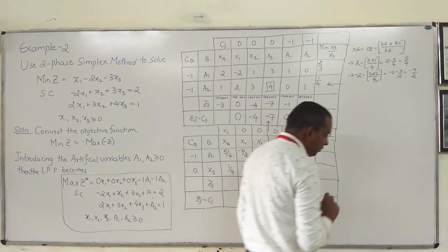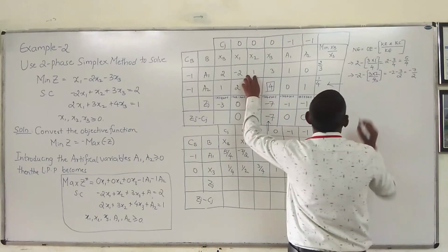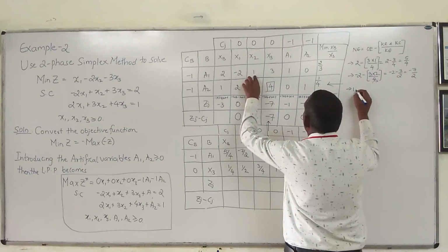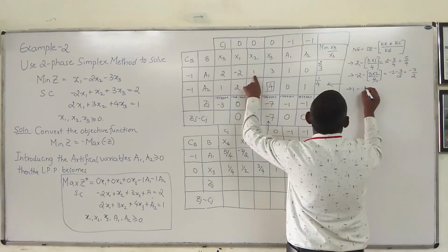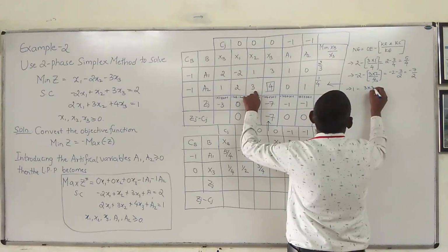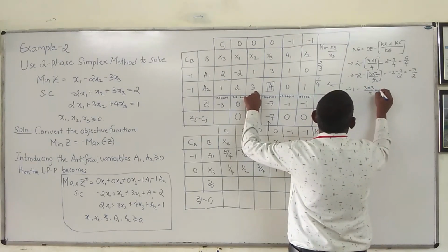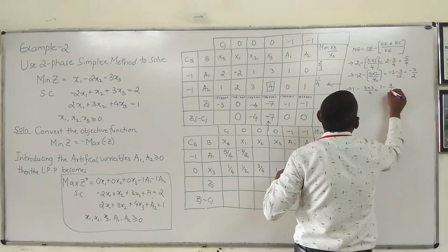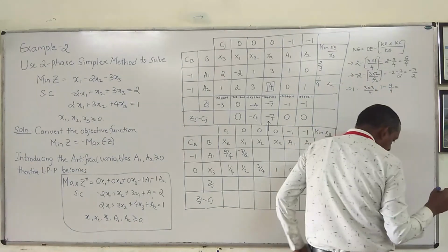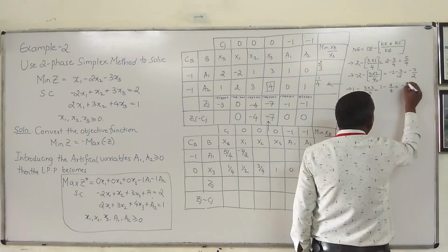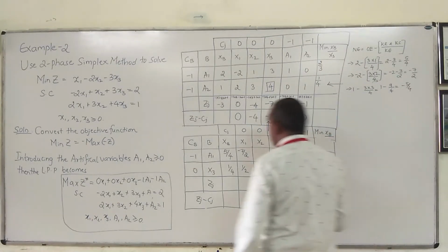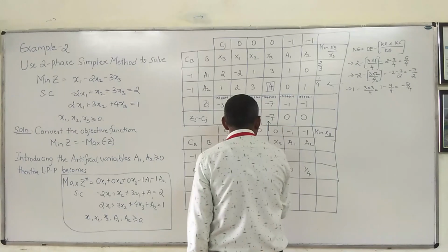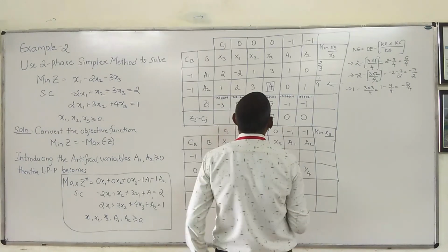For this one it is 1 minus 3 into 3 divided by 4, that is 1 minus 9 divided by 4. The answer is minus 5 by 4.